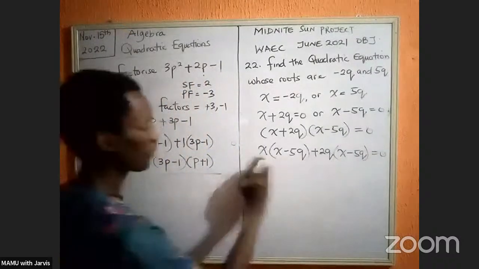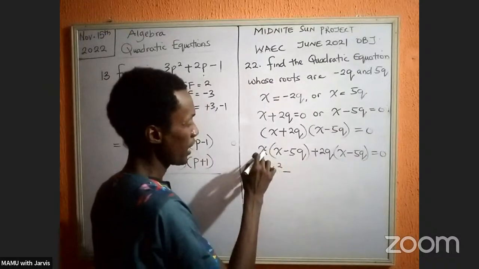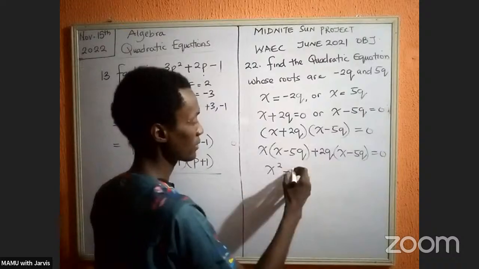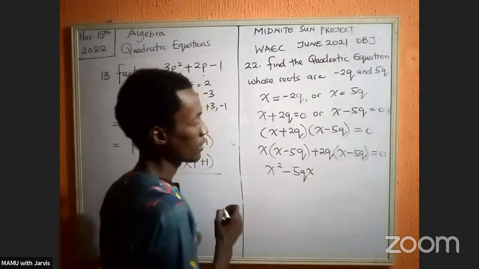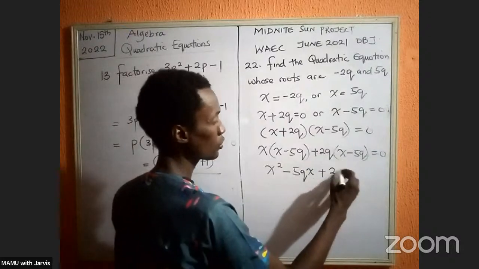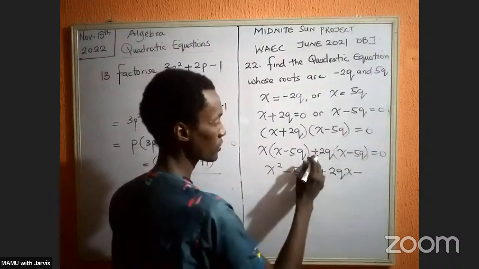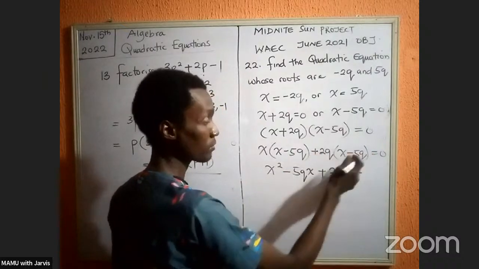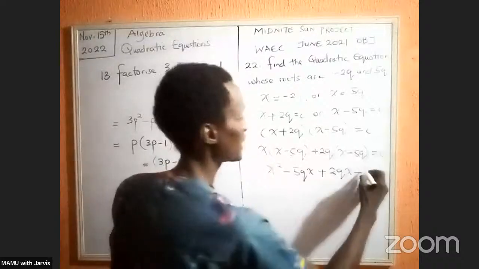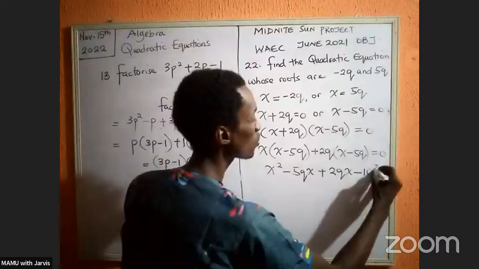So we can multiply this one out, which means that x squared minus 5qx plus 2qx minus, plus times minus is minus, minus what? 10, number, letter, q squared equal to 0.